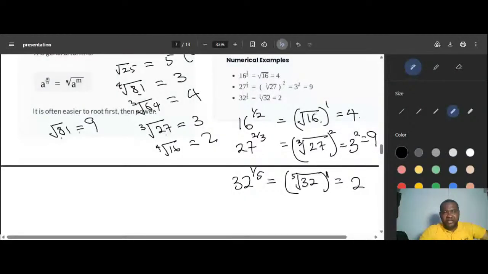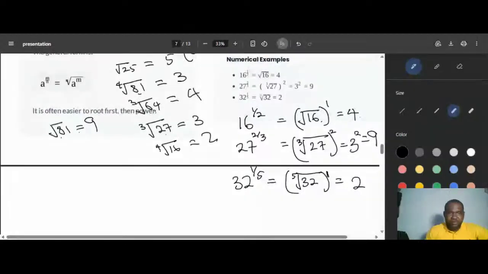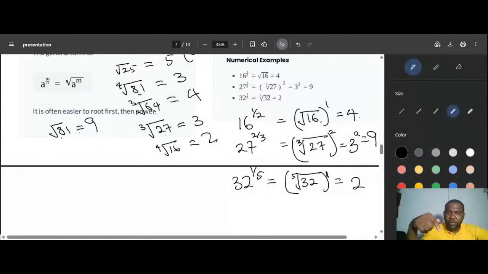When you say 32 raised to power 1 over 5, over 5 means the fifth root of 32. That means you think which number will multiply itself 5 times to give 32. That number is 2. What number will multiply itself 5 times to give 32?